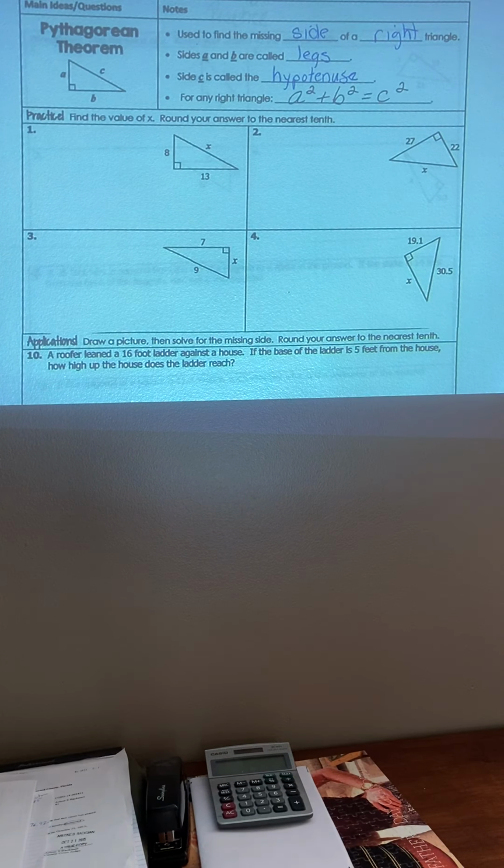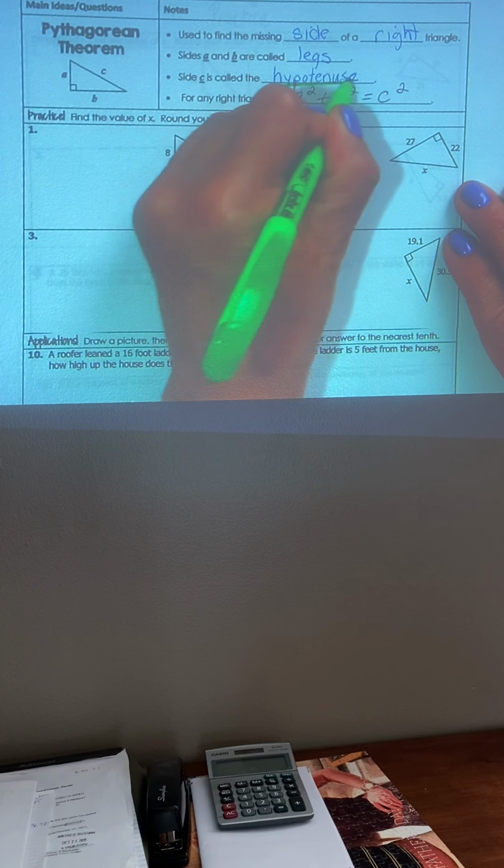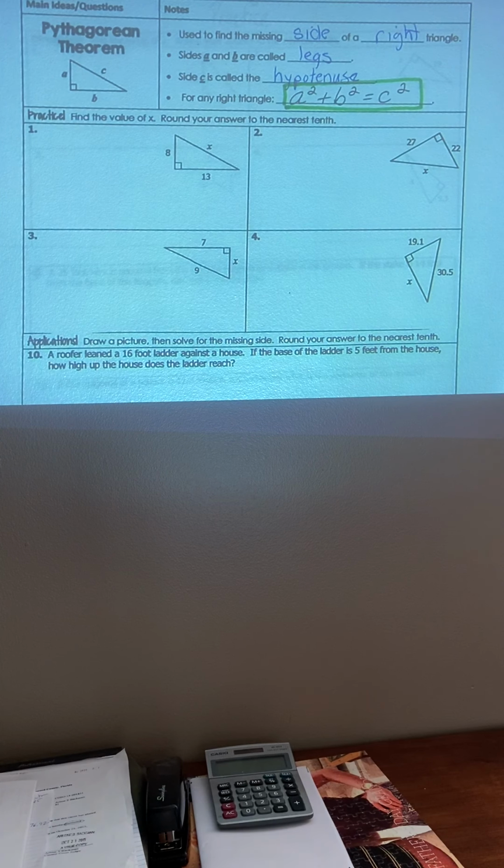That's always the longest side of the triangle. We know the formula is a squared plus b squared equals c squared. There's my formula. We're going to do a few problems with triangles and with applications.